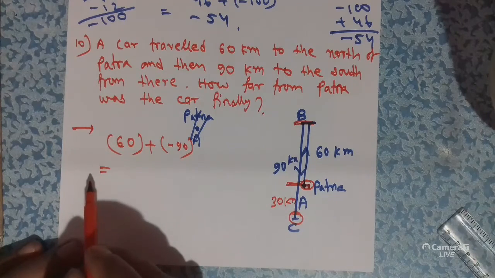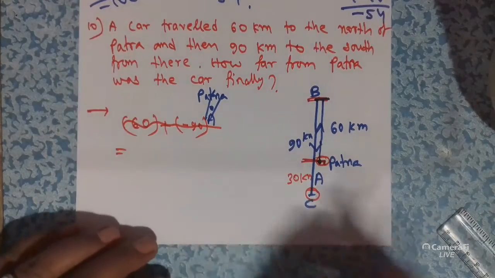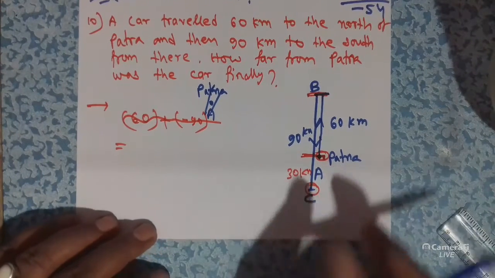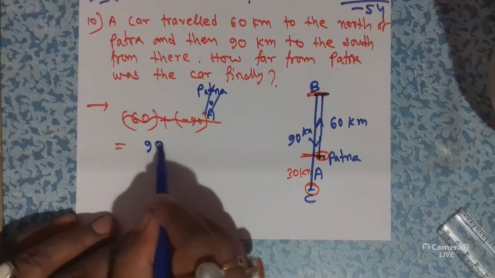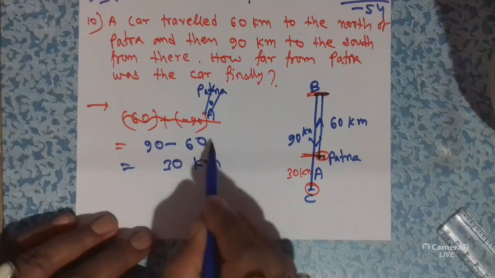You can solve it directly because we have already drawn. So 90 minus 60 is equal to 30 kilometer.